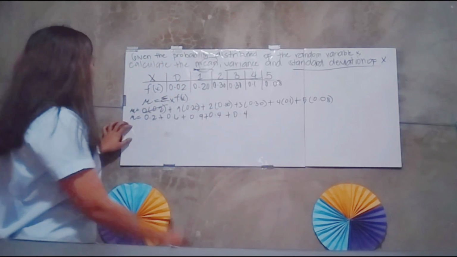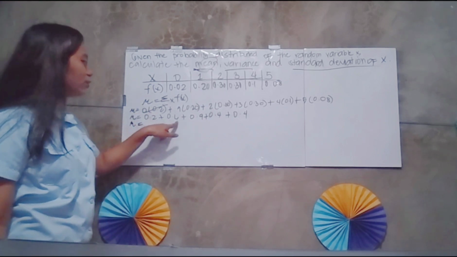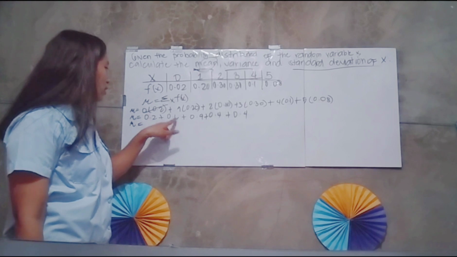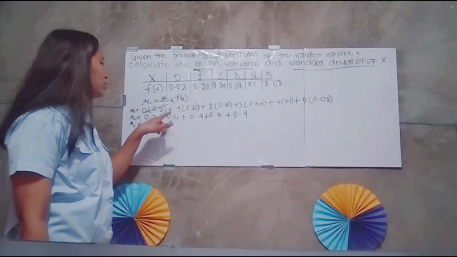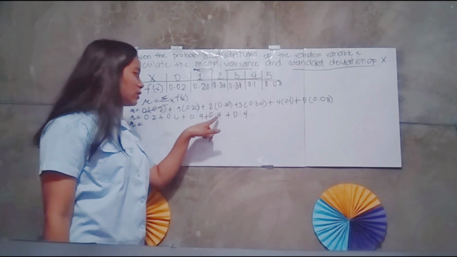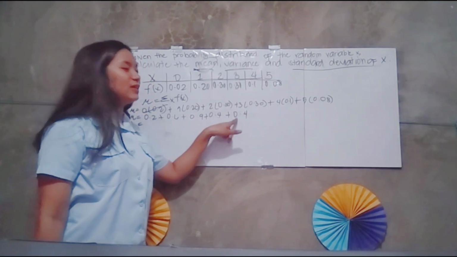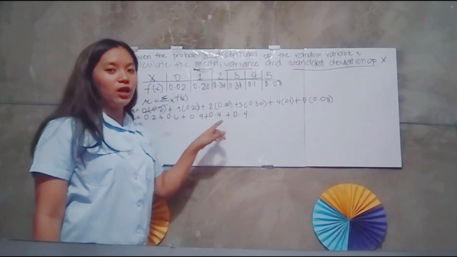So, now, our mu is equal to 0.2, plus 0.6 is equal to 0.8, plus 0.9 is equal to 1.7, plus 0.4 is equal to 2.1, and plus 0.4 again is equal to 2.5.